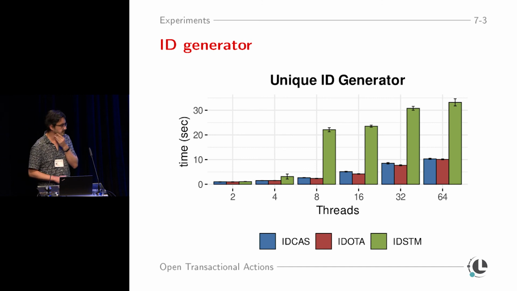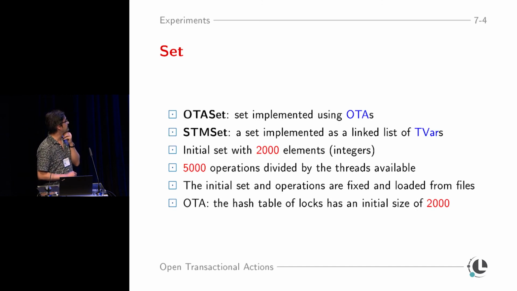The second experiment is with the set. We compared the set implemented using Open Transactional Actions with a set implemented as an ordered linked list of TVars. In the experiments, the initial set has 2,000 elements, and we execute 5,000 operations divided by the threads available.